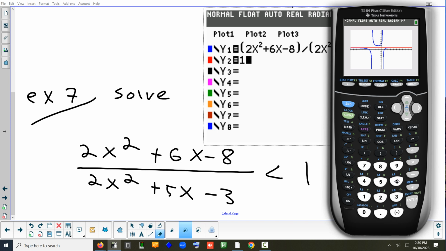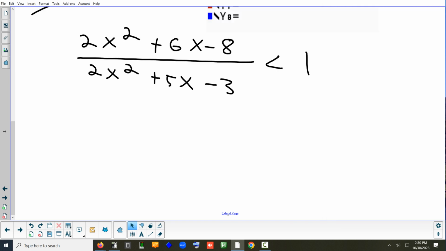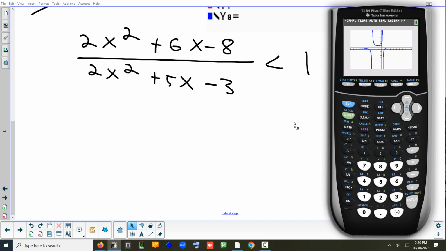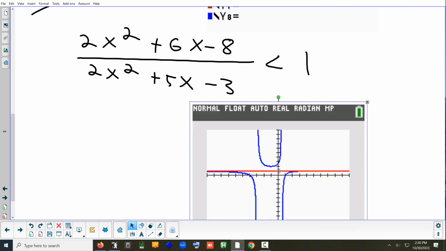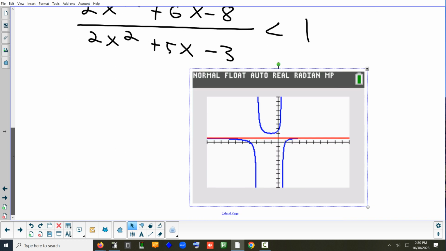I'm going to look at this a little closer because it's hard to see. We're looking for where the blue graph is under the red graph. Well, first of all, is this U-shaped piece under the red? No. So we can ignore that. I need to see what's happening down here more.